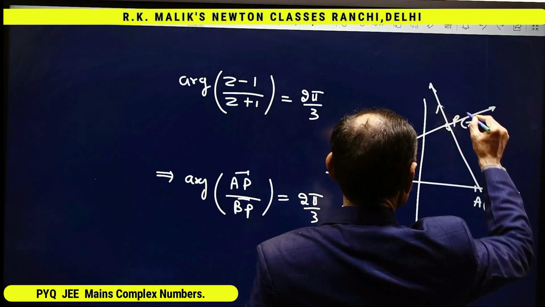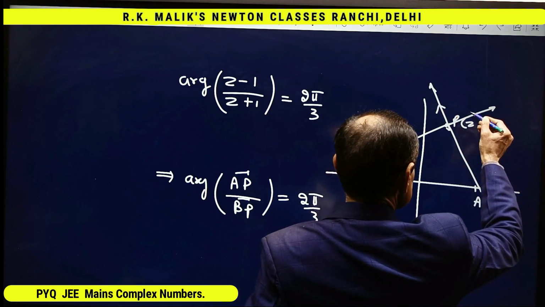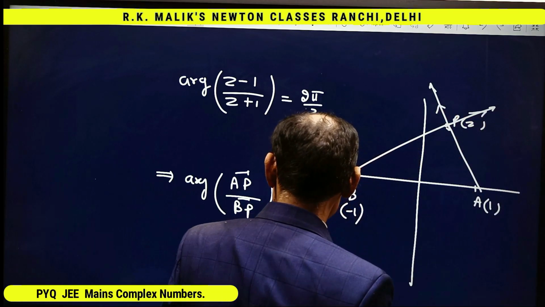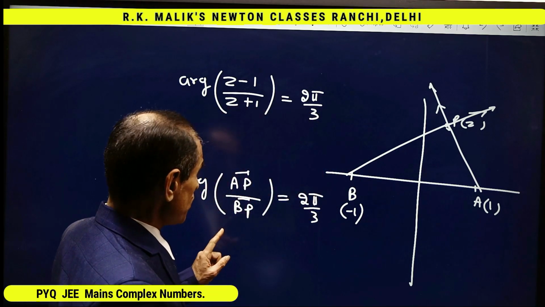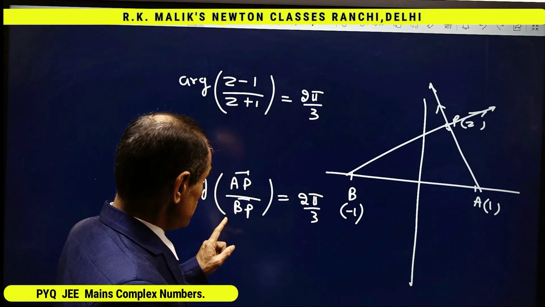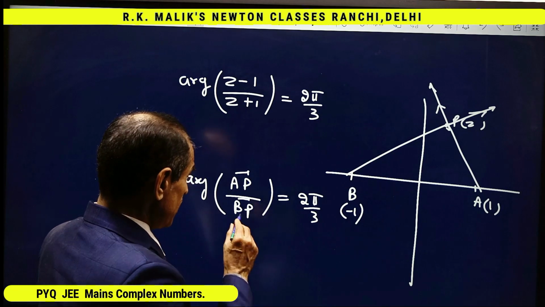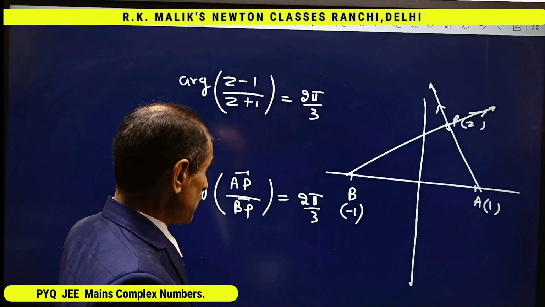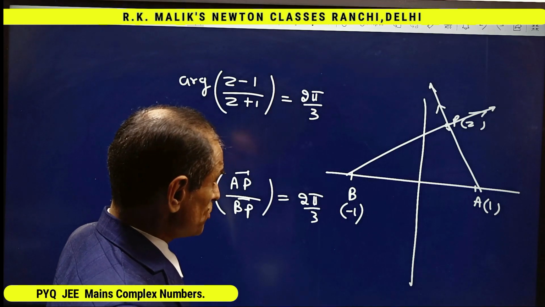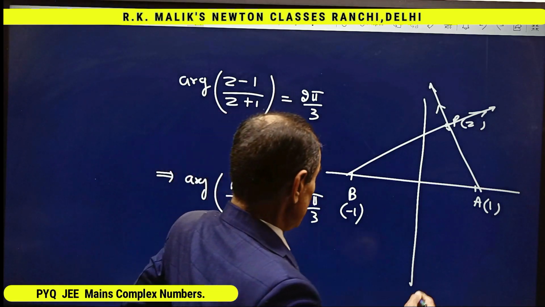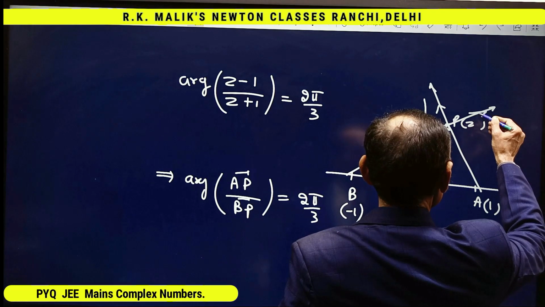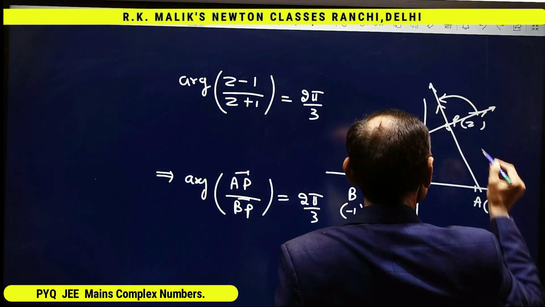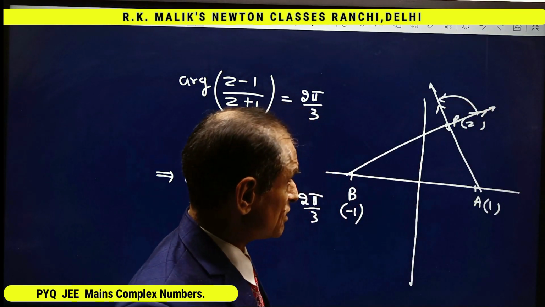AP vector is in this direction, BP is in this direction, and according to the formula I just now told, the angle has to start from BP vector and go up to AP vector, and the direction should be anti-clockwise. It is BP, this direction is anti-clockwise.